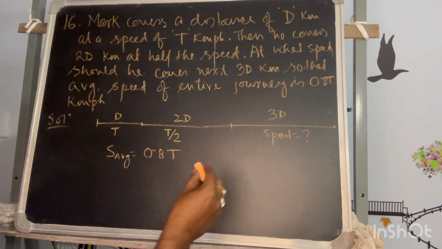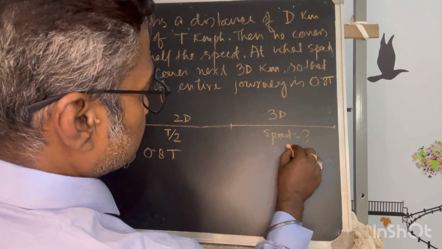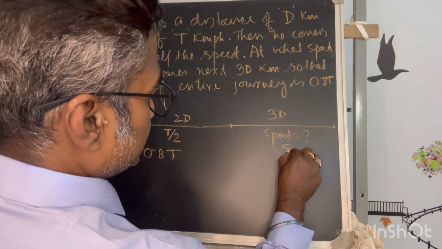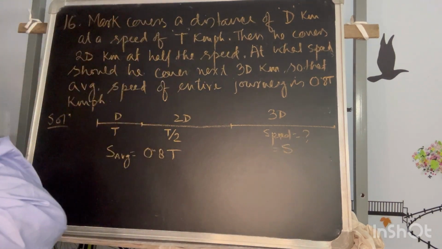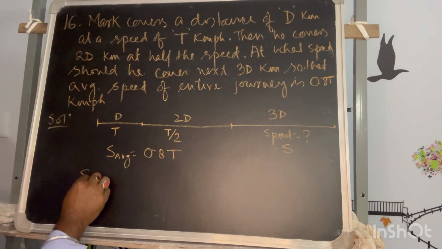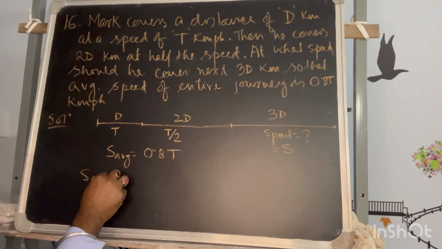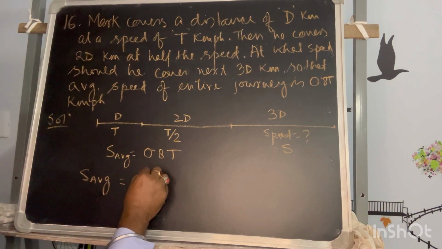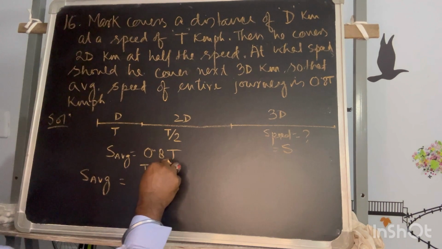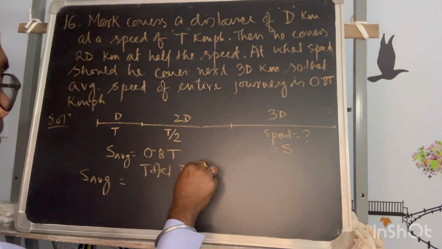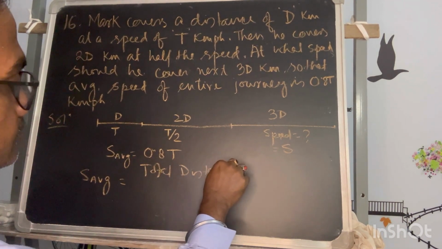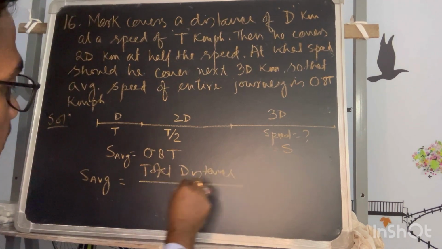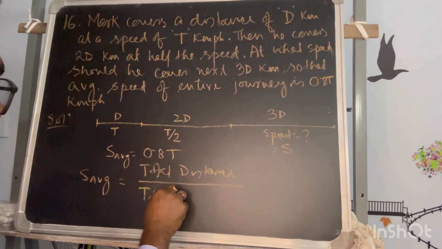Now let's say this speed be s. As you know, this is a very simple one: average speed is equal to total distance upon total time.